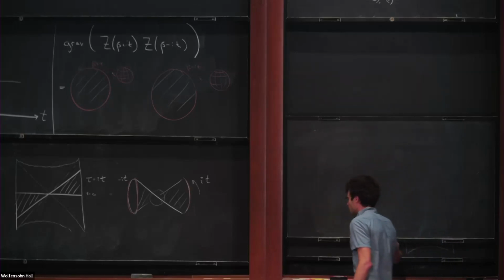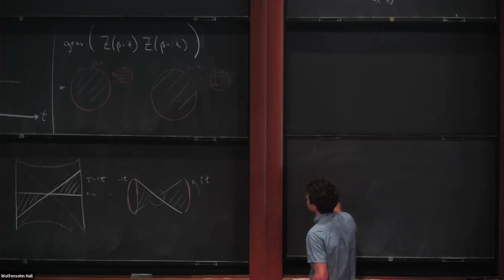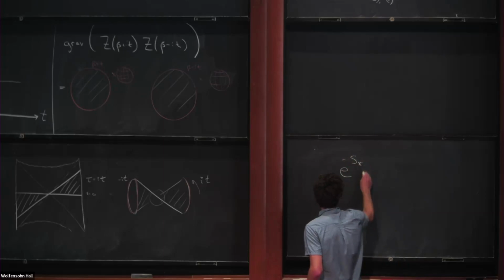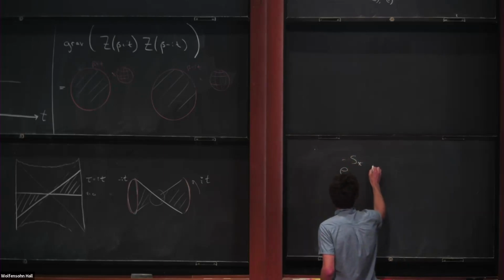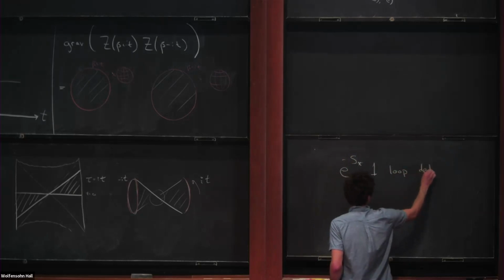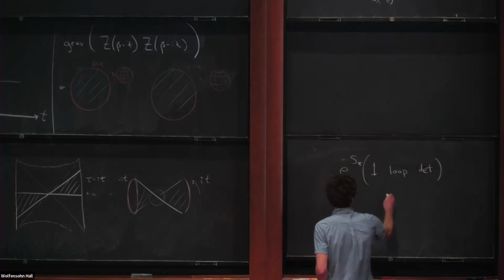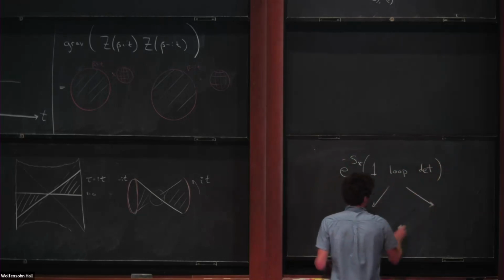So let's try to compute the contribution of this wormhole. The contribution of this wormhole should be e to the minus the action times, in a leading approximation, some kind of one-loop determinant describing small fluctuations around this solution. And the one-loop determinant breaks up into two parts.